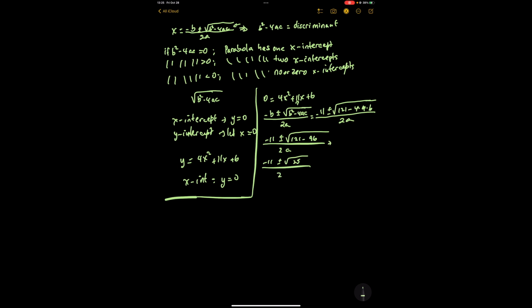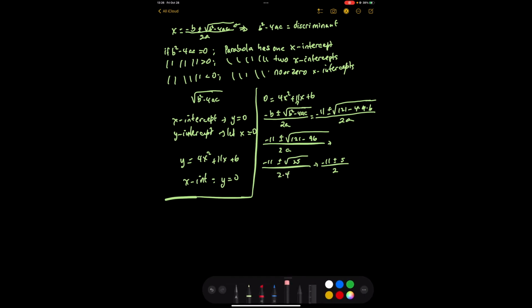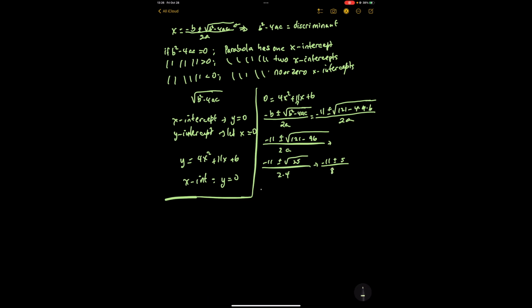That means we're going to have 2 answers, or 2 x-intercepts. So that's going to be negative 11 plus or minus 5 over 2. Oh, my bad, 2a. 2a is equal to 2 times 4, which is 8. I forgot the 2a part. So that means we're going to have negative 11 plus 5 over 8 and negative 11 minus 5 over 8.